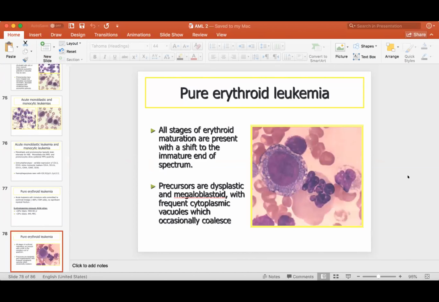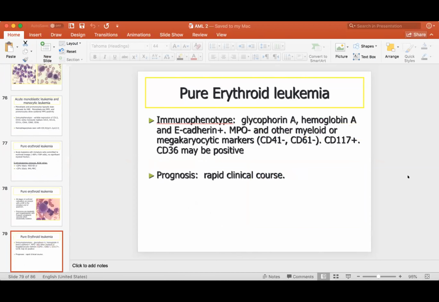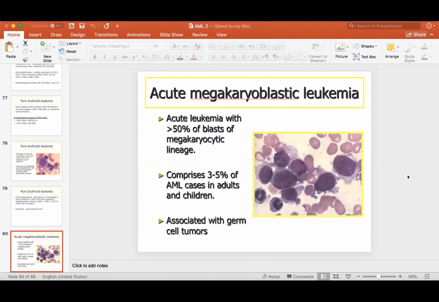You see megaloblastoid changes in the erythroid lineage, and they are positive for the erythroid markers like glycophorin A, E-cadherin, and they'll be negative for other markers like MPO, CD41 and 61, which are megakaryocytic. CD117 or c-KIT actually stains erythroblasts. It will show a weak membranous or cytoplasmic staining, and these types of leukemias have a rapid clinical course or a poor prognosis.